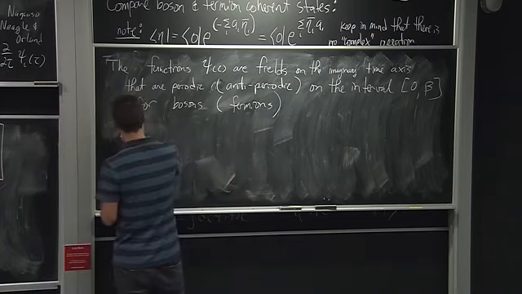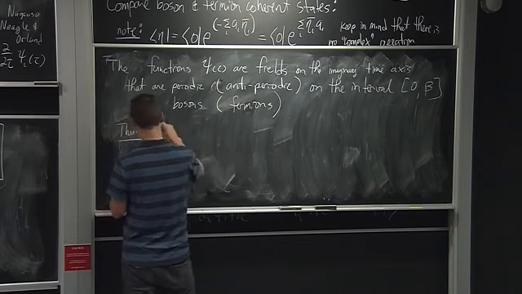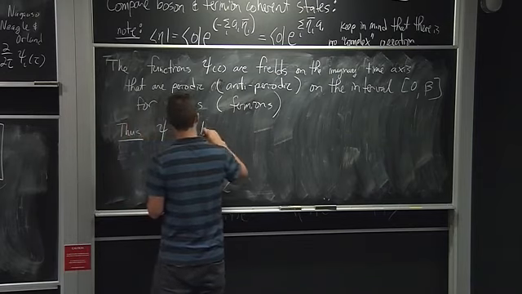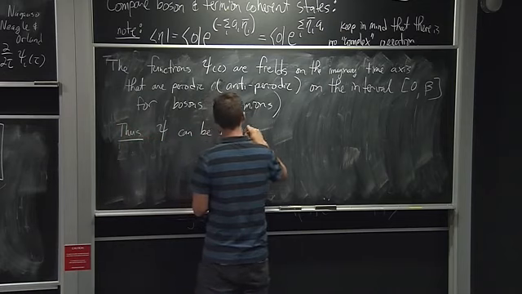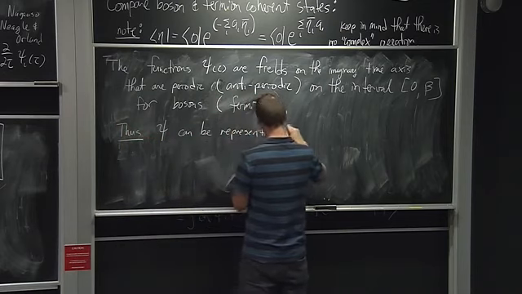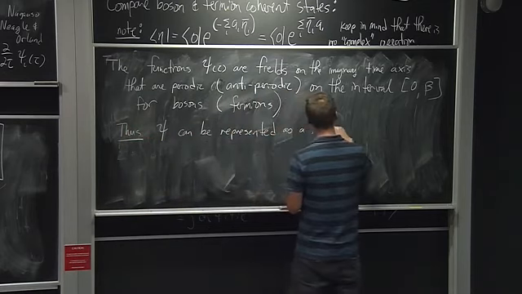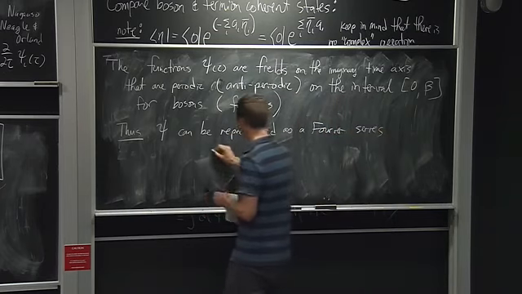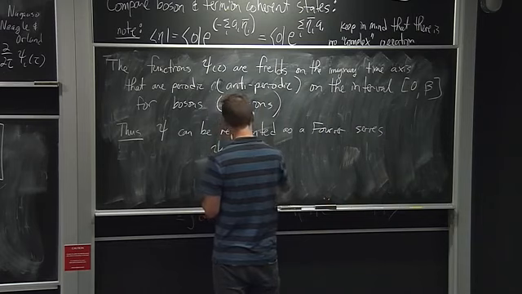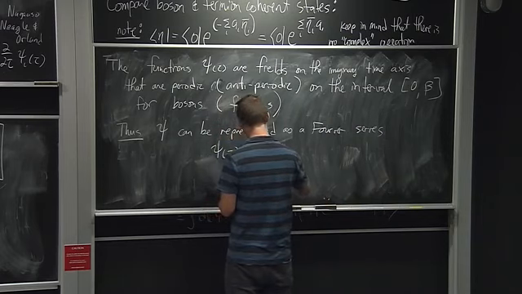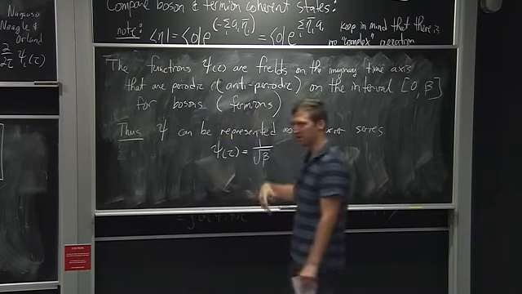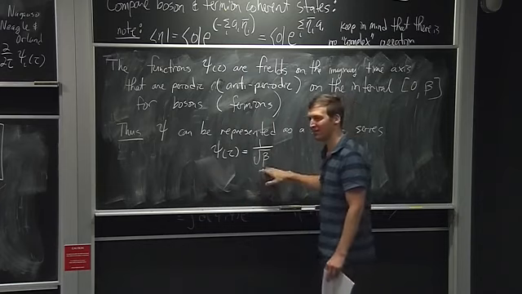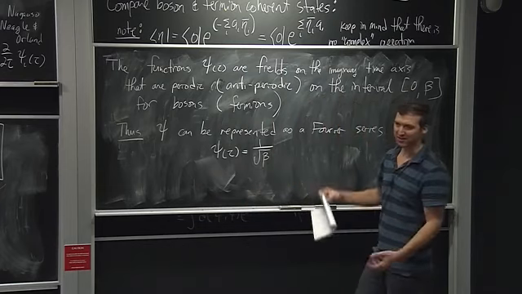So psi of tau. I'll just use some standard normalization. Think of beta as just your length in imaginary time.